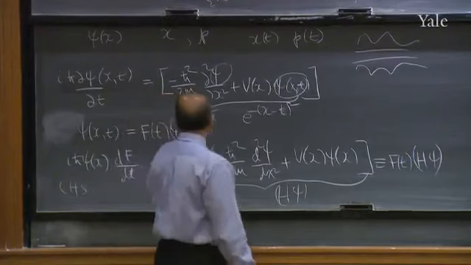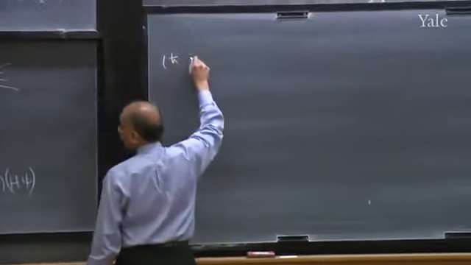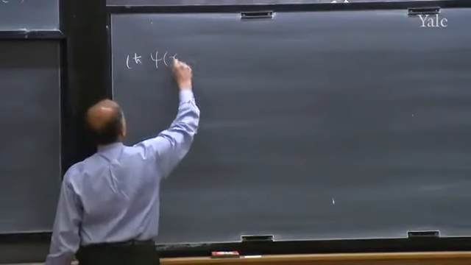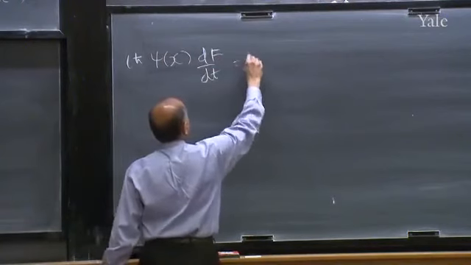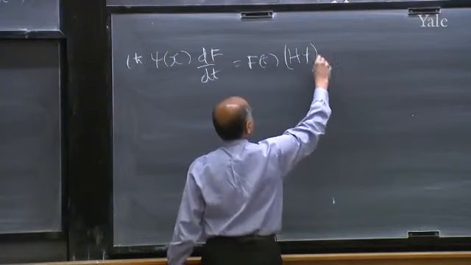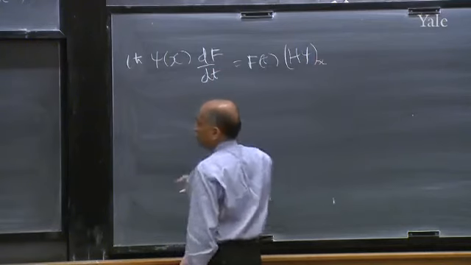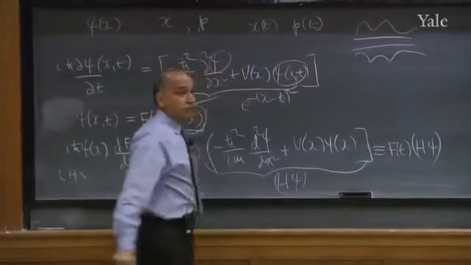So what equation do I have now? I have iħ ψ(x) df/dt is equal to f(t) times Hψ, but all I want you to notice, Hψ depends only on x. It has no dependence on time. Do you see that? There's nothing here that depends on time.